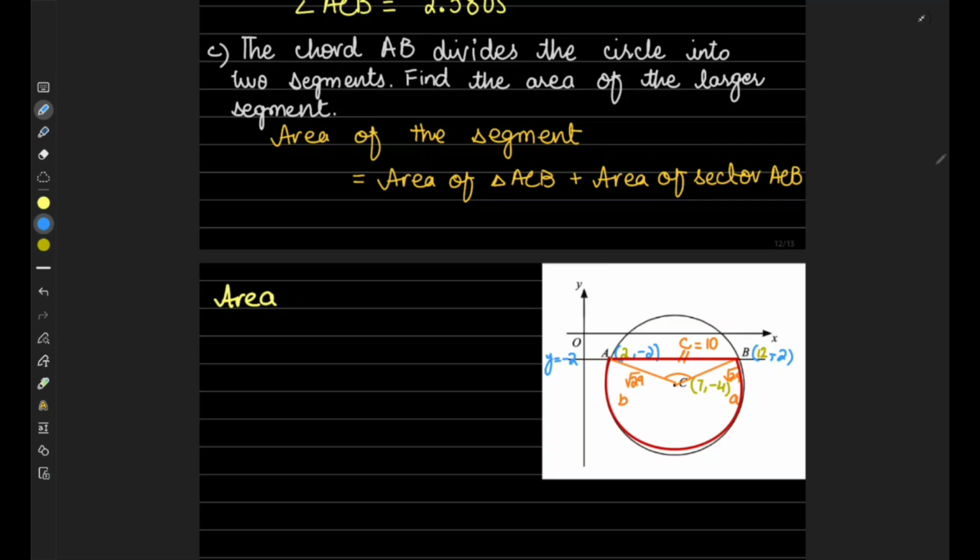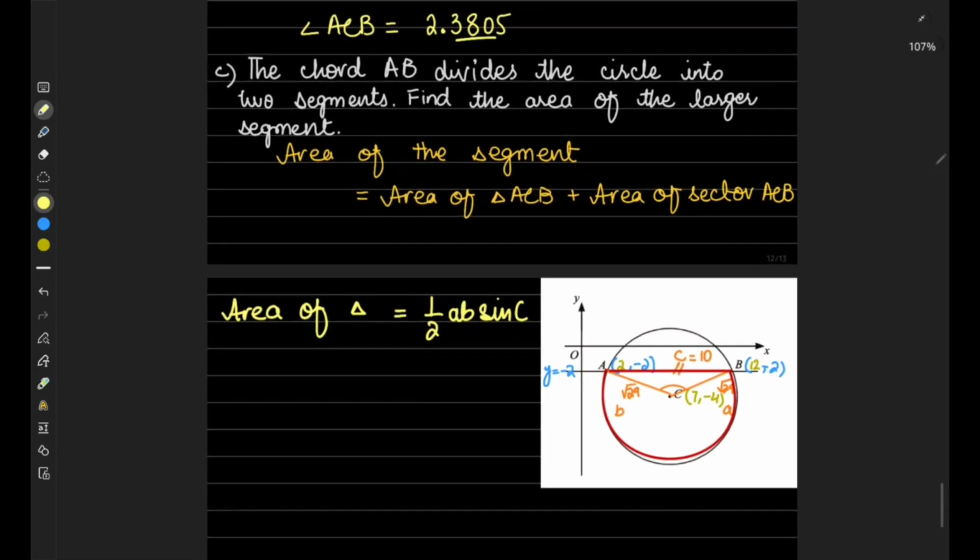You can use the law of sines: area of triangle would be half AB sine C, means half of root 29 times root 29 times sine of C, and your angle C you just found in radians to be 2.3805.